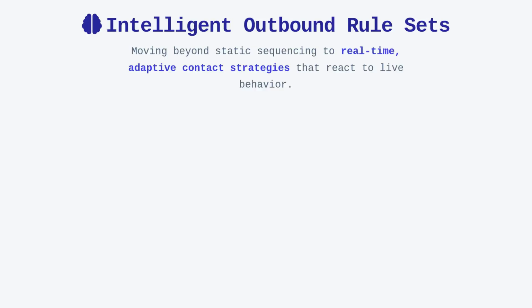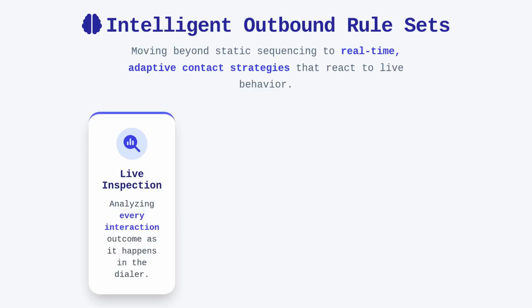Beyond mere sequencing, the real intelligence of an outbound operation manifests in the application of rule sets, which allow for real-time contact strategy adjustments based on live call results. A rule set is composed of a series of conditions and actions that inspect every single interaction outcome as it happens in the live dialer environment.